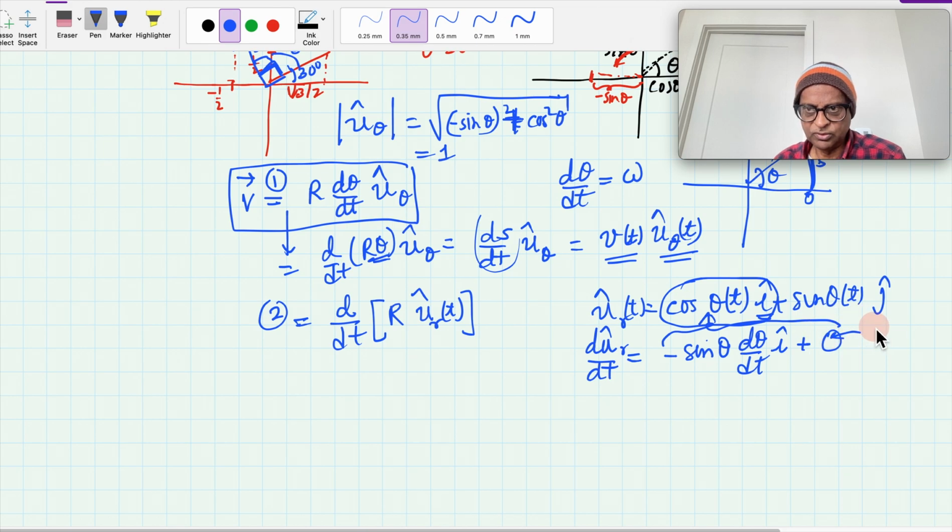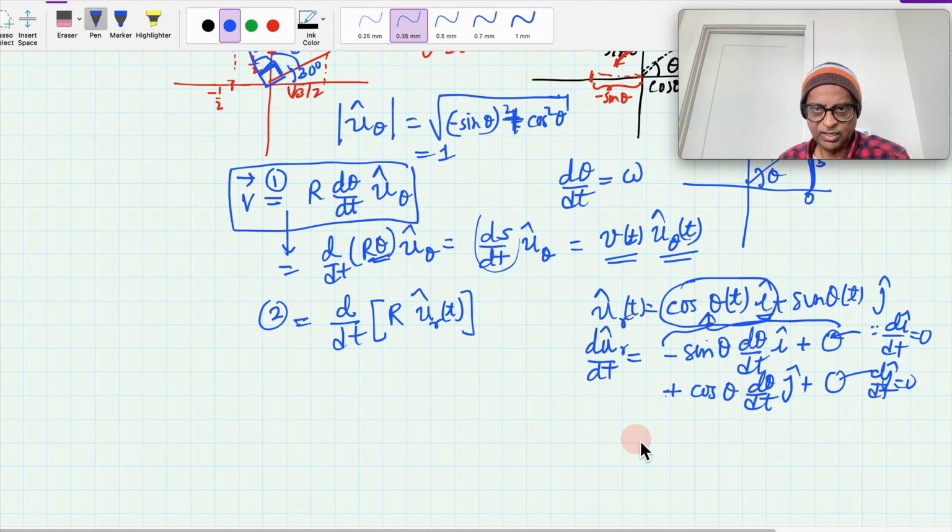This is 0 since d i hat dt is 0. And then over there, I get cosine theta d theta dt j hat plus 0, because d j hat dt is 0.